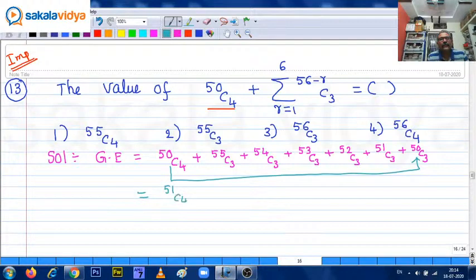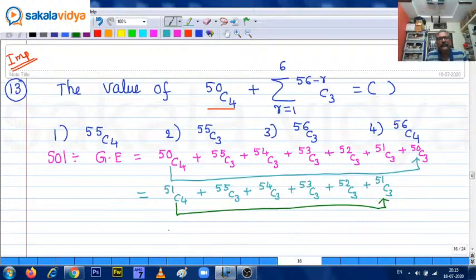51C4. Am I correct? Now plus 55C3 plus 54C3 plus 53C3 plus 52C3 plus 51C3. Now you take this combination 51C4 and 51C3.